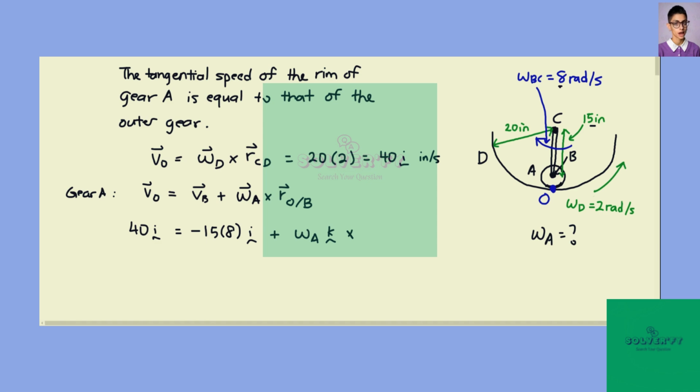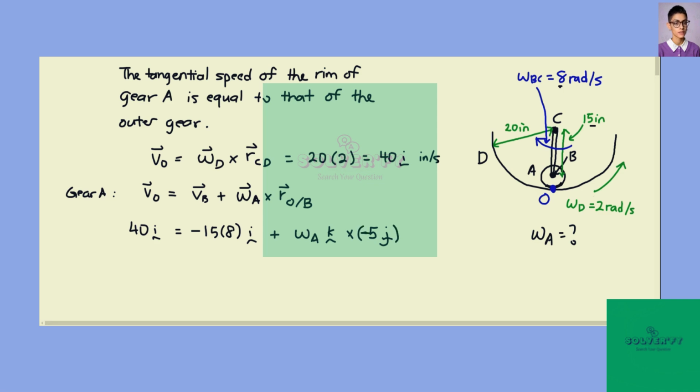And then ROB will just be, relative to point B, point O will just be going down 5j, so minus 5j.